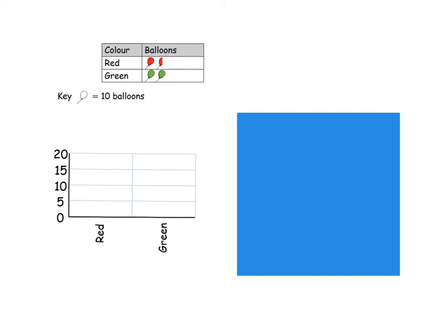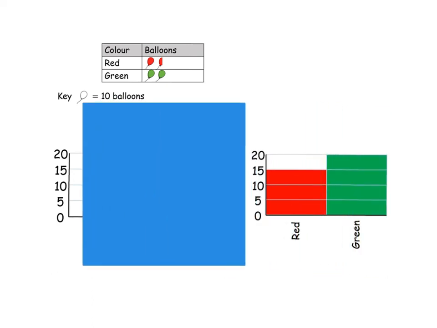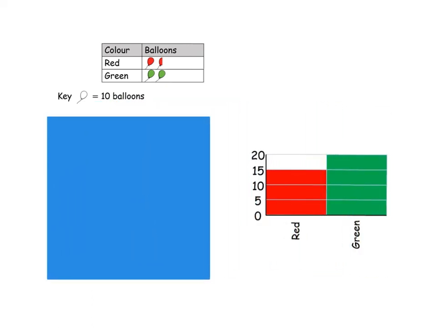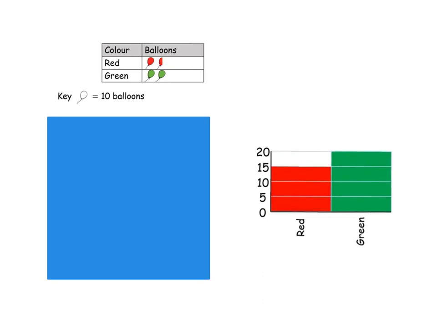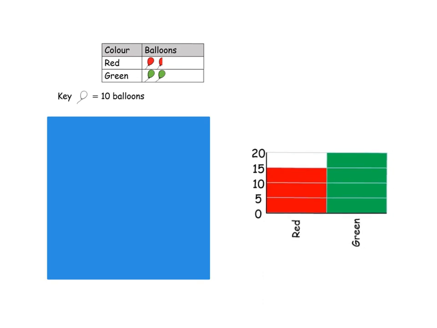Let's have a little look at what that looks like. When we complete our block diagram, we've got 15 red balloons and 20 green balloons.